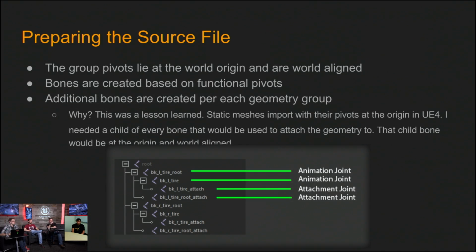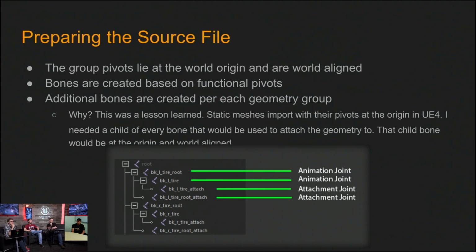So this is just a little screenshot showing the outliner of our joint hierarchy. So the tire bone, for example, the left tire back bone, would have an animation joint, and then it would have an attachment joint, because all static meshes would import with their pivots at the origin.